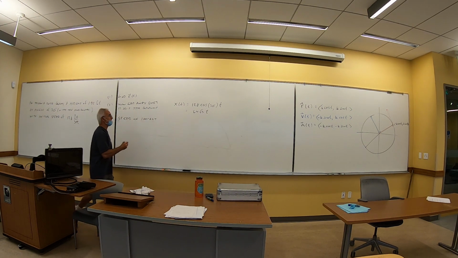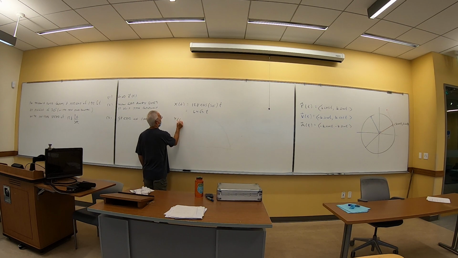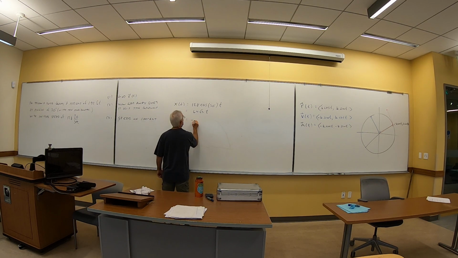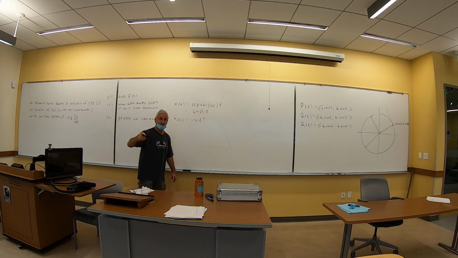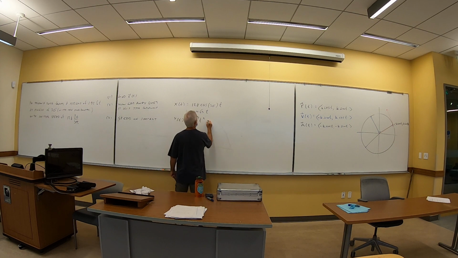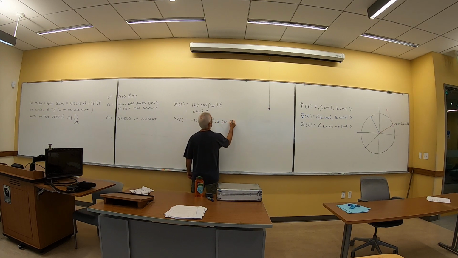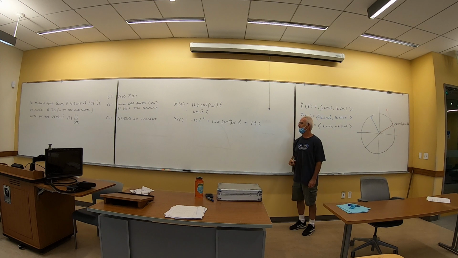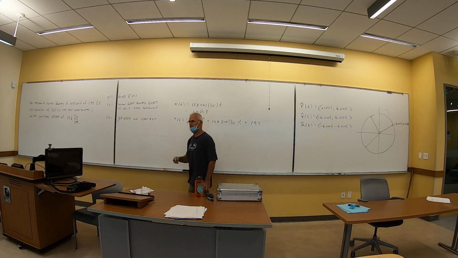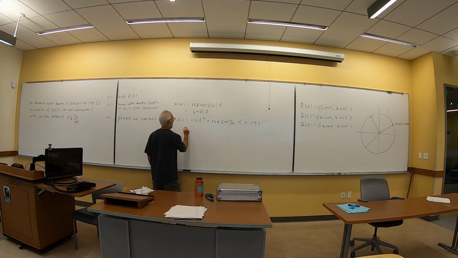Okay? What's y of t? That would be negative 16 t squared, because I said we're going to use 32, so 1/2 g, plus 128 sine 30 degrees t plus 192. What's the sine of 30 degrees? 1/2. I love using 30 degrees for exactly that reason.